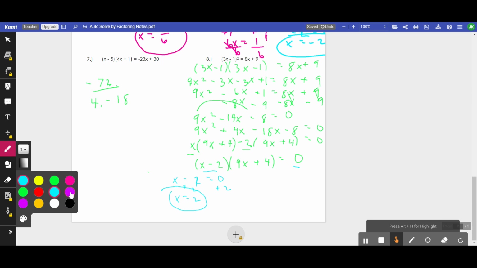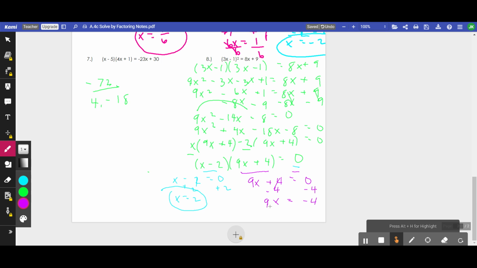And then you can set your other equation equal to 0. So you can do 9x plus 4 equals 0. And then you can solve this two-step equation. So it doesn't really matter which you solve first. I'll do the 4 here. So you can subtract 4 then. So you have 9x equals negative 4.